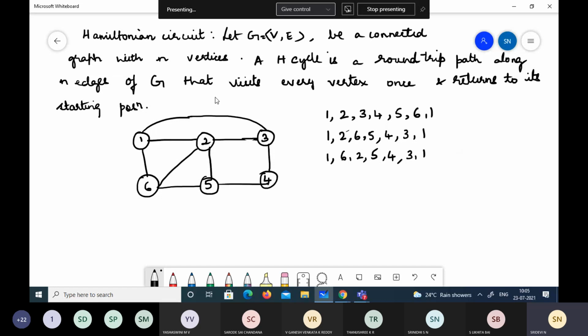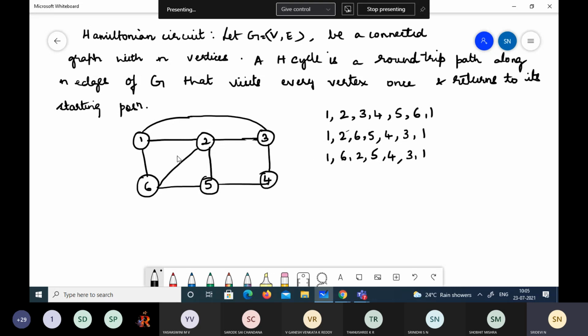So it's a round trip path along n edges of the graph that visits every vertex once and returns to the starting position. We have visited the vertices once, 1, 2, 3, 4, and we are returning back to 1. So this is one Hamiltonian cycle. The same way we have the other two. So this graph contains these three distinct Hamiltonian cycles.